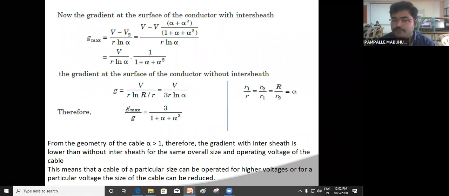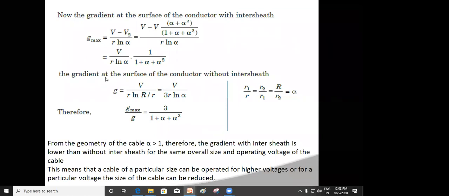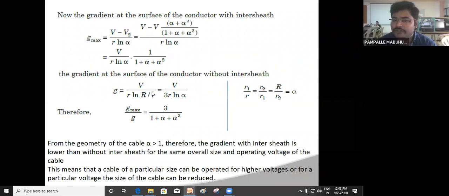Right? Suppose you are not using intersheath grading, so you are having only one conductor and one sheath. In such a case, the potential gradient or dielectric stress at the surface of the conductor can be written as G is equal to V by small r into ln capital R by small r.